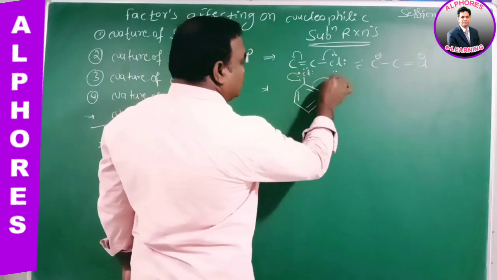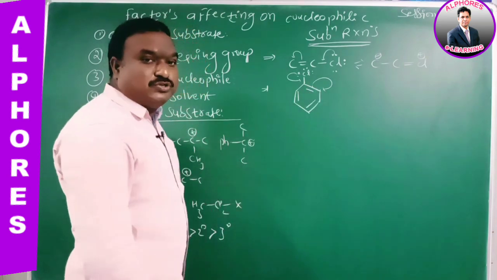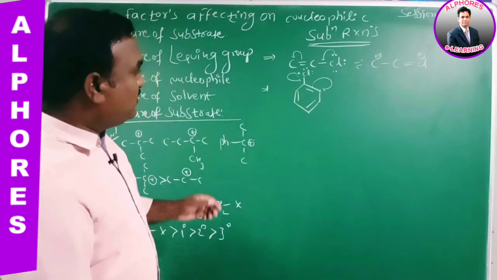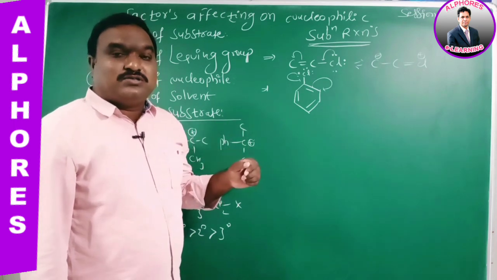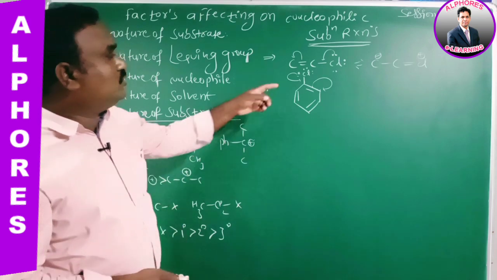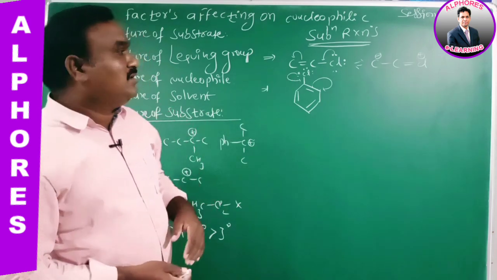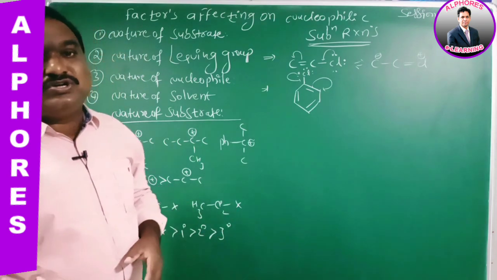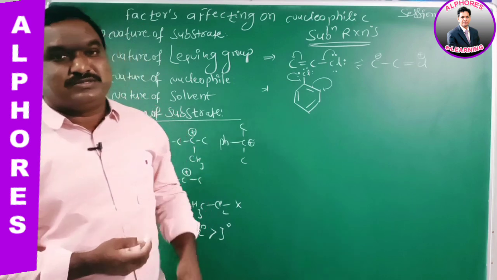The lone pair migrates towards the ring and the pi bond migrates towards the ortho position. This is the way the single bond becomes a double bond here. According to that concept, we require more energy to break that double bond nature. Due to that reason, vinyl halides and aryl halides do not take part in nucleophilic substitution reactions.